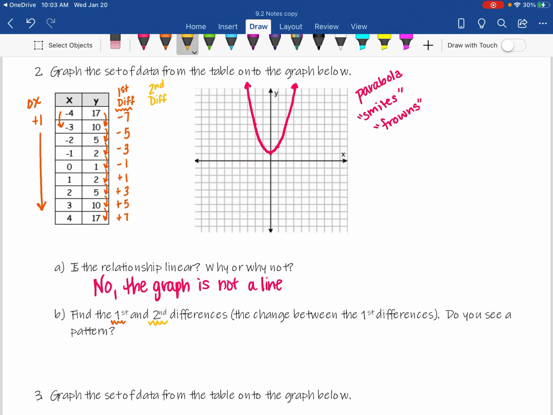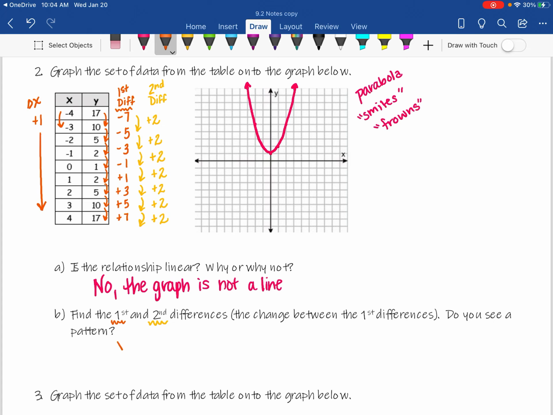We're going to look at the second difference. -7 plus 2 is -5. -5 plus 2 is -3. Plus 2 is -1. Plus 2 is 1. Plus 2 is 3. Plus 2 is 5. Plus 2 is 7. Okay, so we have a constant second difference.